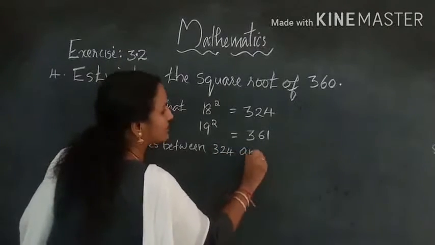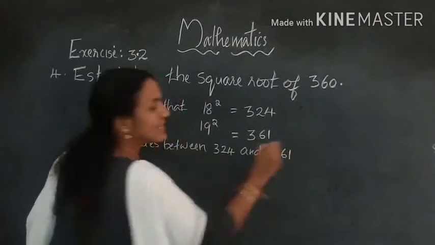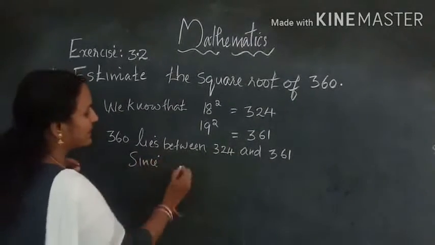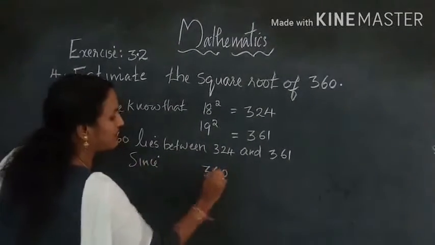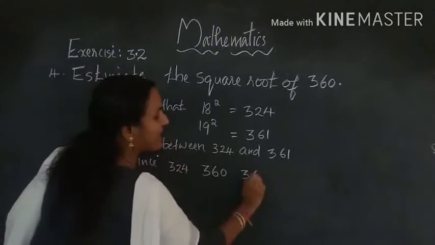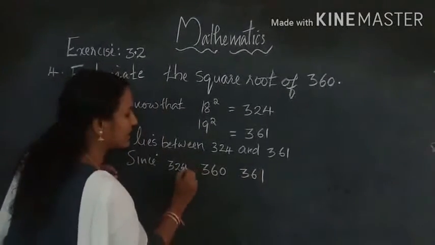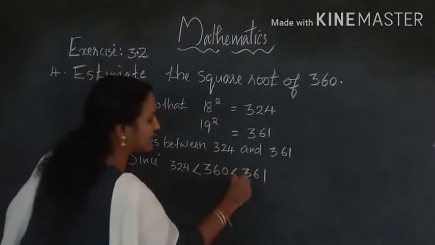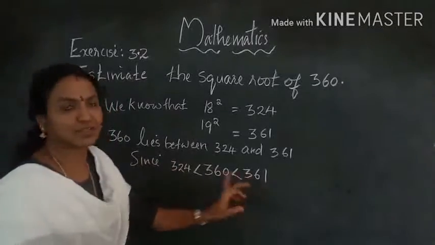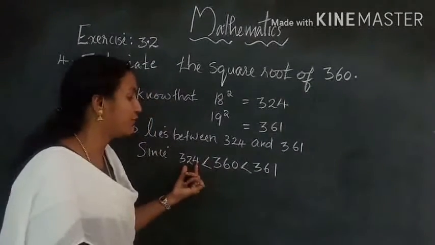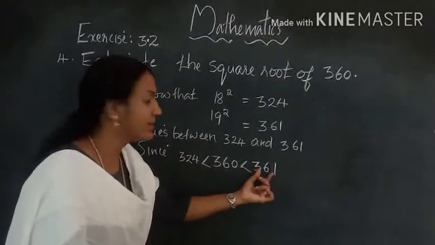So 324 is less than 360, which is less than 361.